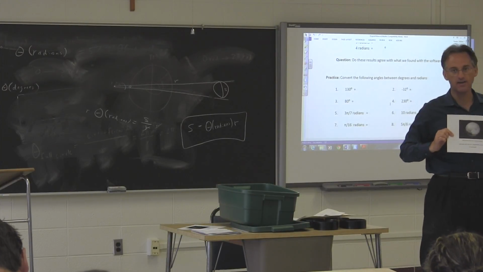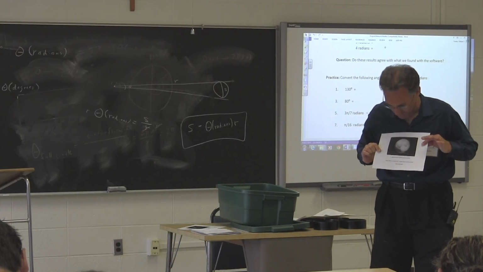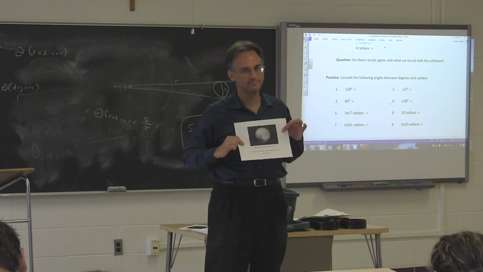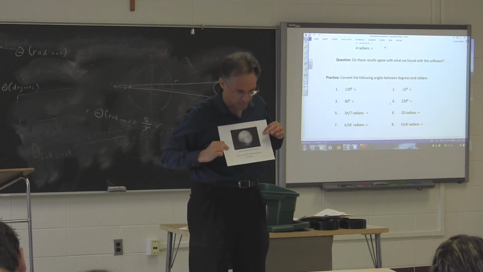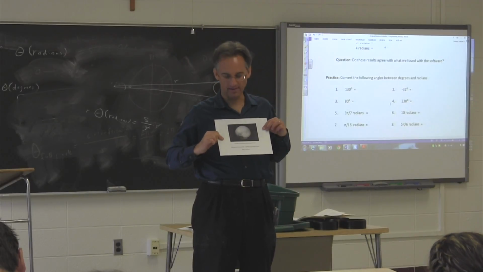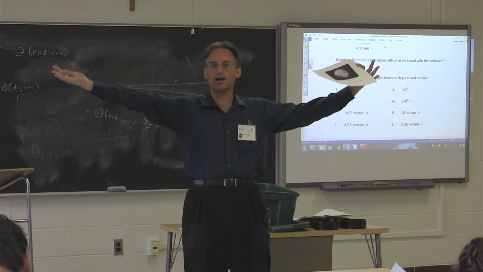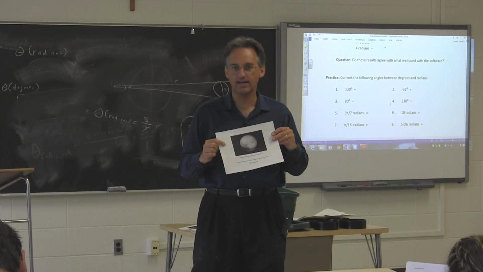There's a scale on the bottom. What does the scale on the bottom tell us? What information are we given? FOV would be field of view. That tells you how far across the detector can see.